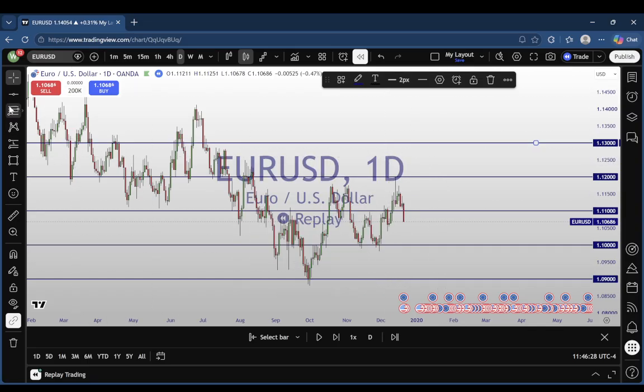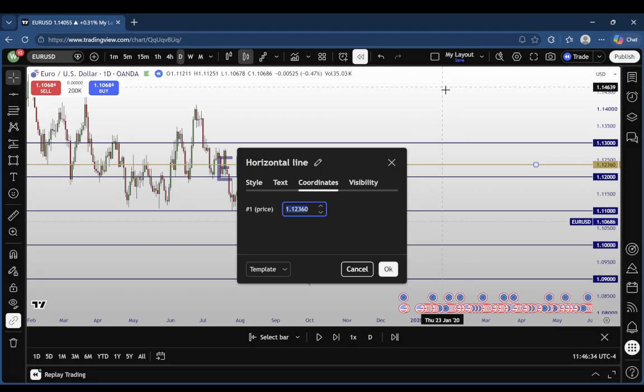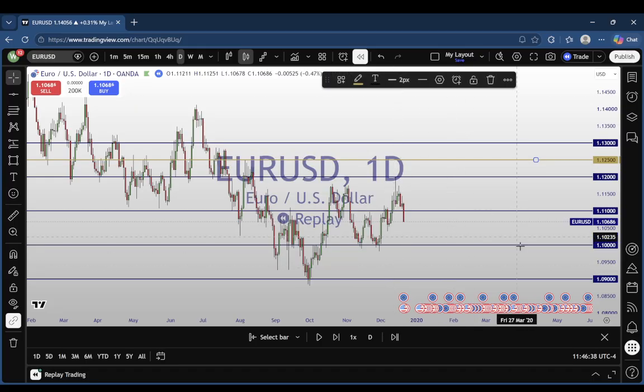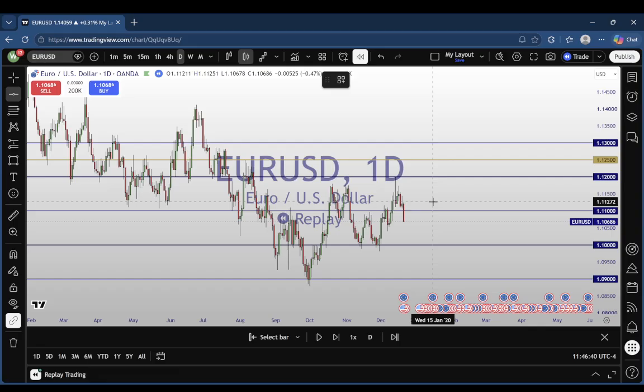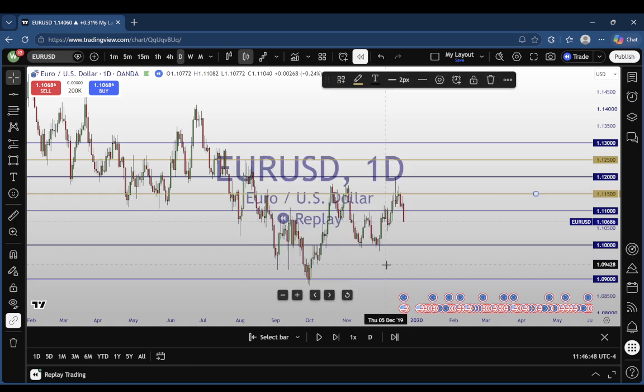And then I'm going to put in our mid levels. Between 1.12 and 1.13, that'll be 1.125. Between 1.11 and 1.12, that'll be 1.115. All right.